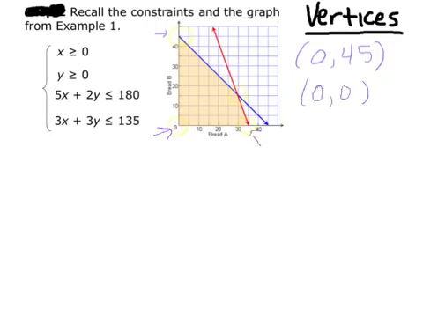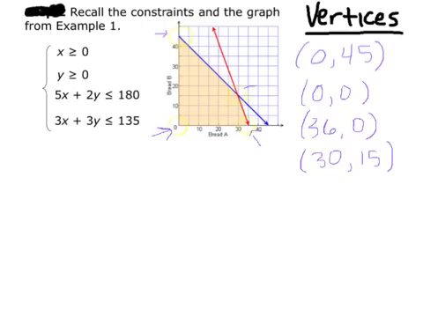Down here I have, let's see, 30, that was the 36 one, if you can look back at your notes. And this one right here, if I read the graph, it's 30, 15. This is why accuracy in a neat graph is so important. So I've just listed my vertices.